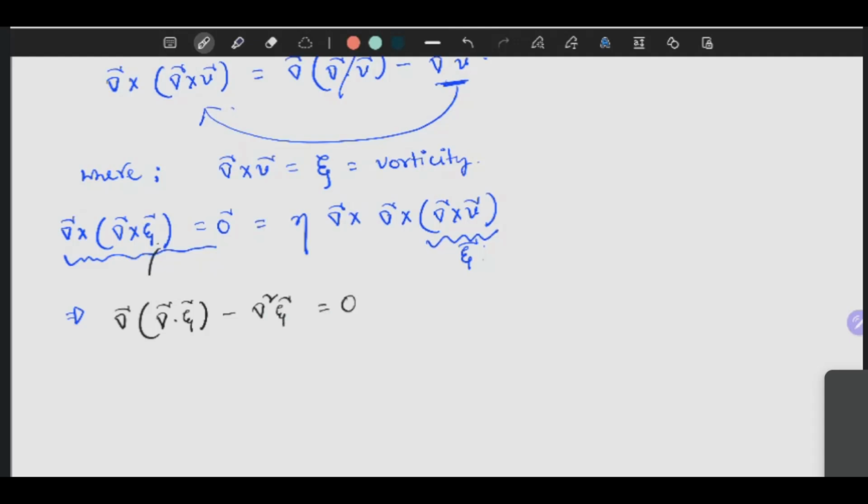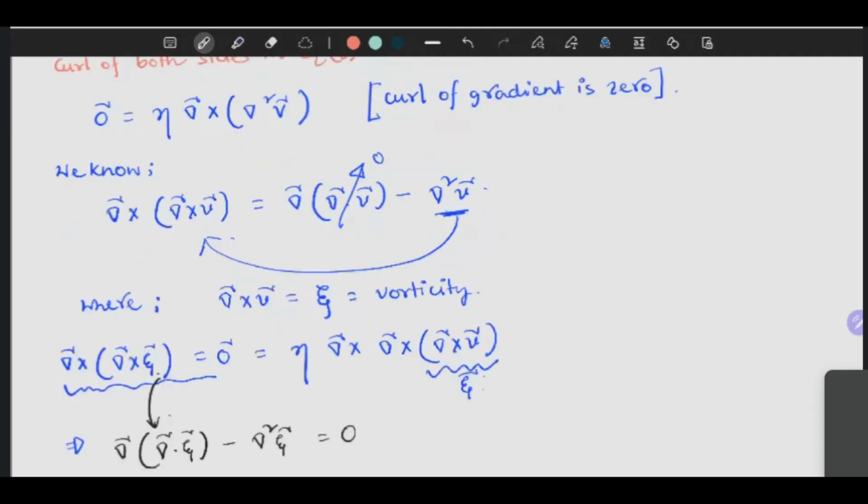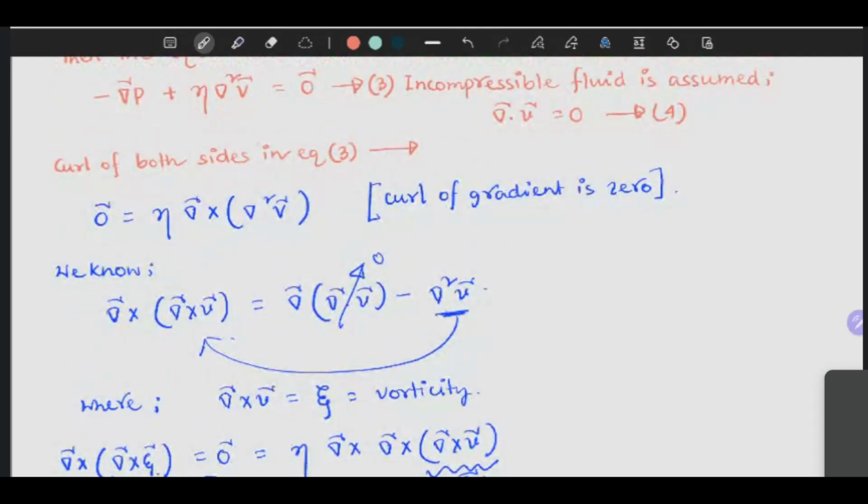From this it follows, here what I have done is taken curl of both sides, and the Laplacian of V becomes curl of curl of V, and that curl of V is vorticity.